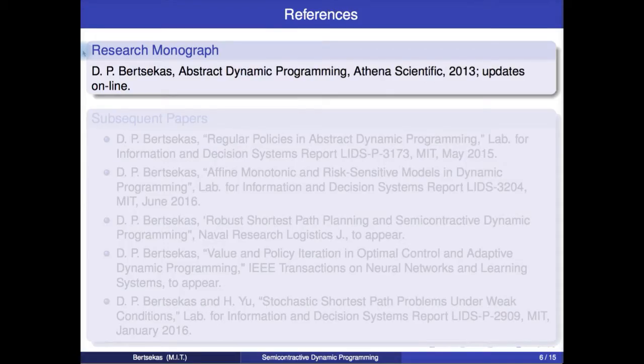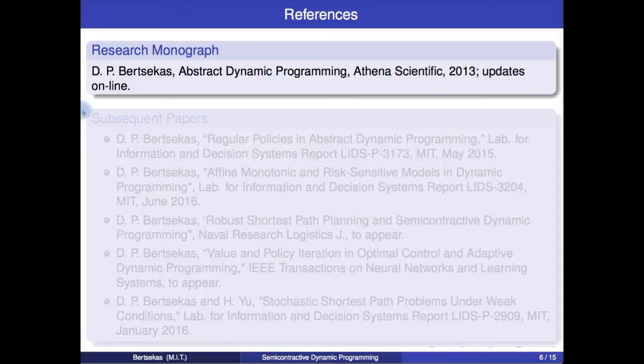Let me give some references to this work. The starting point is a research monograph called Abstract Dynamic Programming, which I published in 2013. Since that time, some of the results were improved, and at this point you can find updates to the Semicontractive Chapter 3, which contains some of the new research.